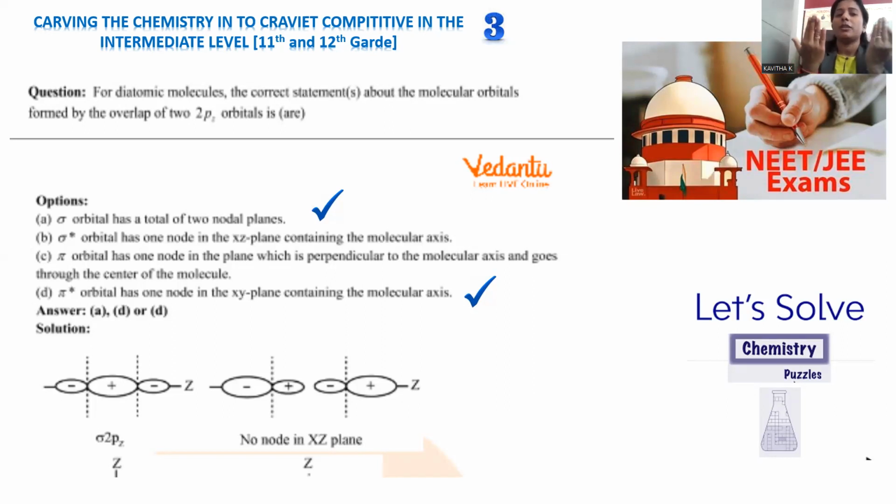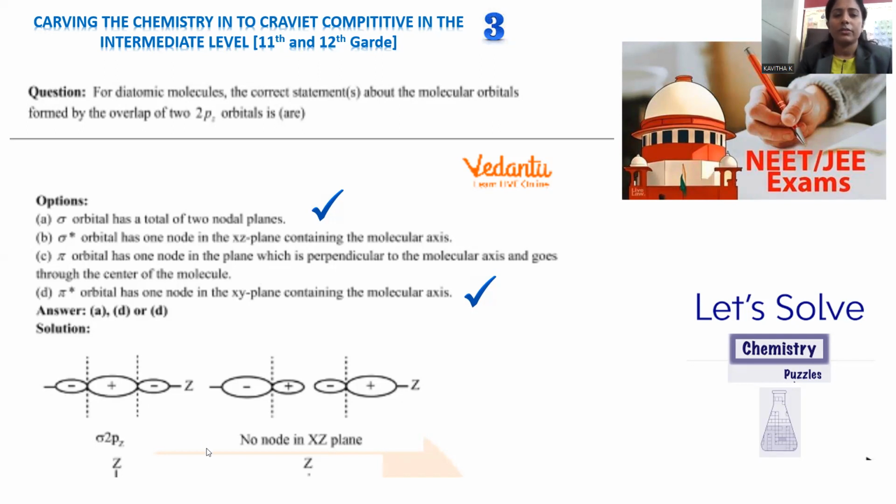Whenever orbitals combine laterally, top and bottom with respect to the axis, that is said to be pi bond formation. For the sigma orbital, a total of two nodes can be located, because when the two positive lobes combine, you can notice nodes in between positive and negative.